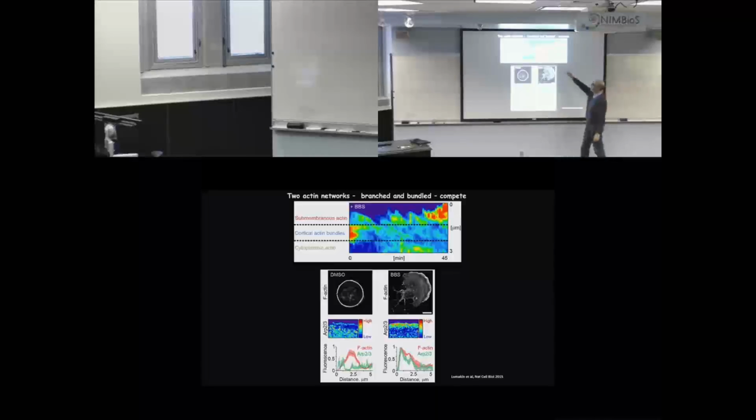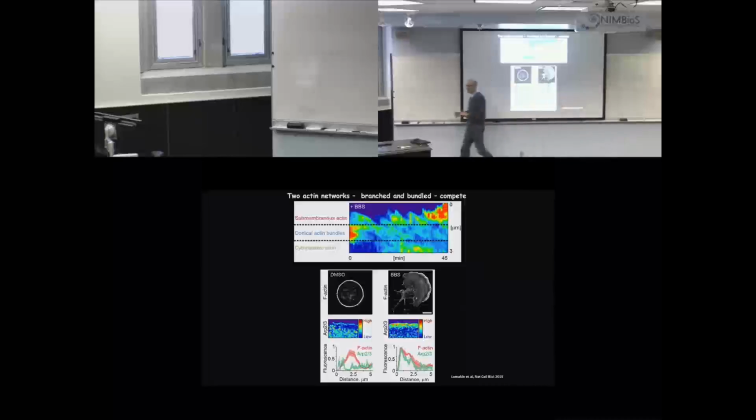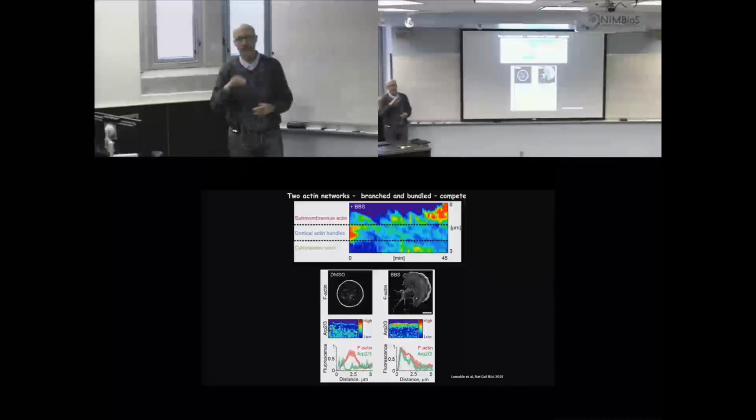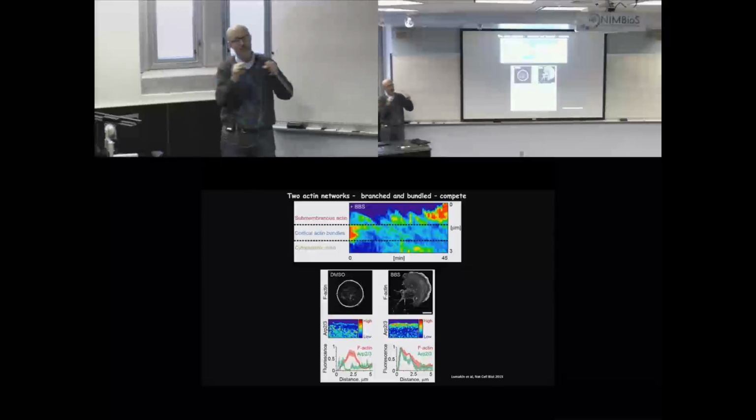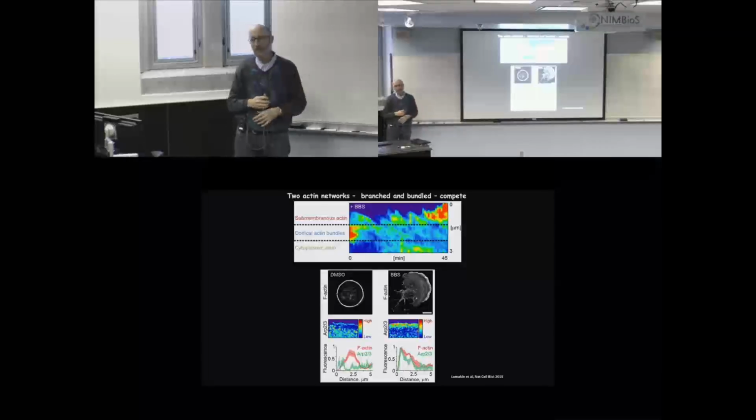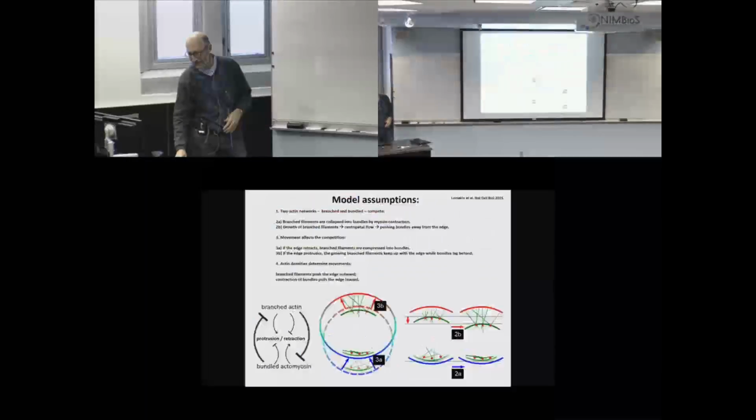But then actin disappears from the bundles, and before appearing in the new massive lamellipodium, it increases in the middle of the cell. So kind of hinting that there are two networks at the leading edge, this nascent lamellipodia and actin-myosin contractile bundles, and they compete for the same pool of actin. So hinting that there's some kind of competition here between two networks.